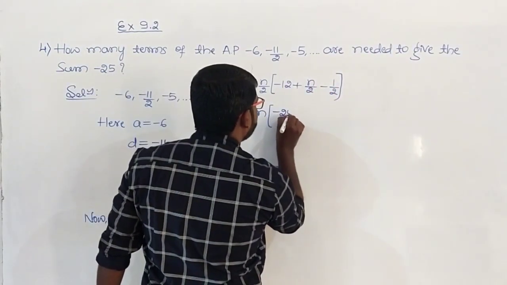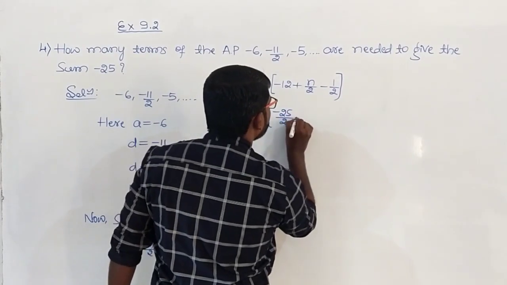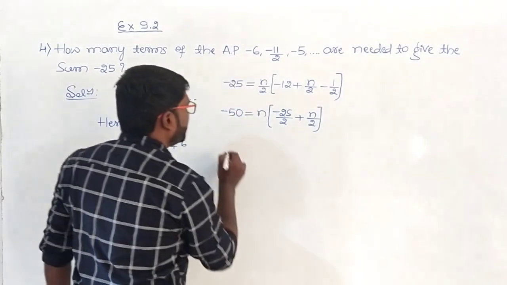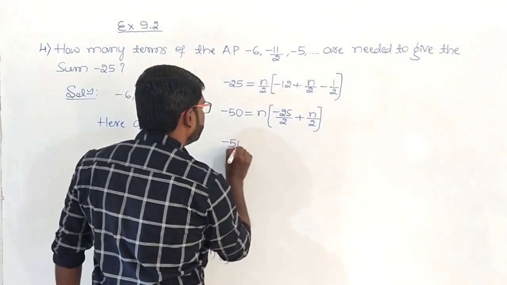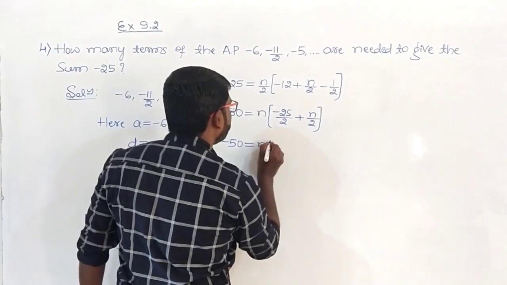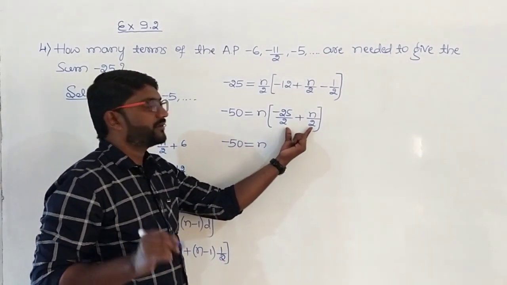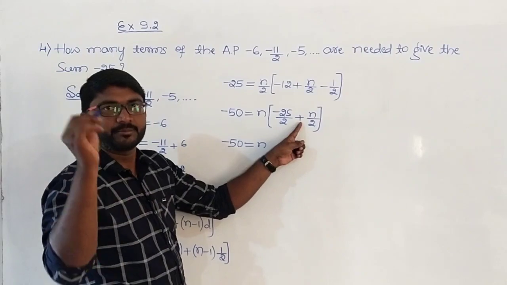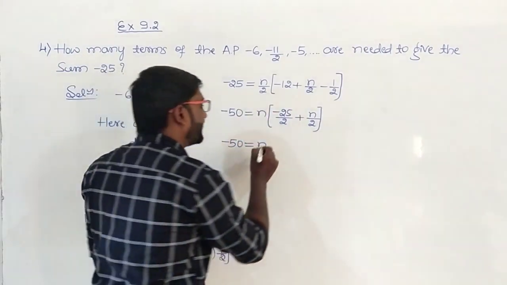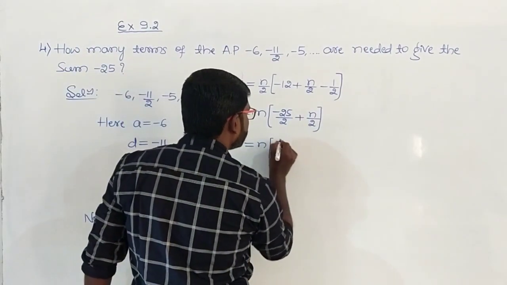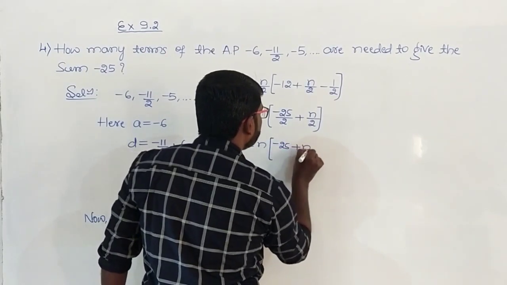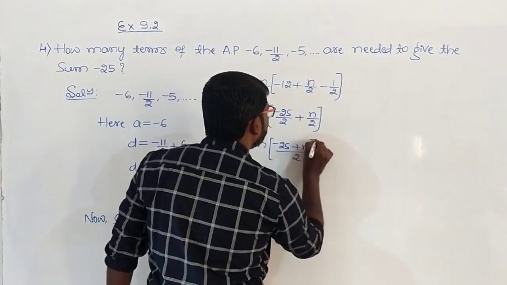So it is minus 25 divided by 2 plus n by 2. Now you have the same denominator. Whenever you have the same denominator, add the numerators if there is a plus sign. If there is a minus sign, subtract the numerators. So overall it becomes minus 25 plus n divided by 2.